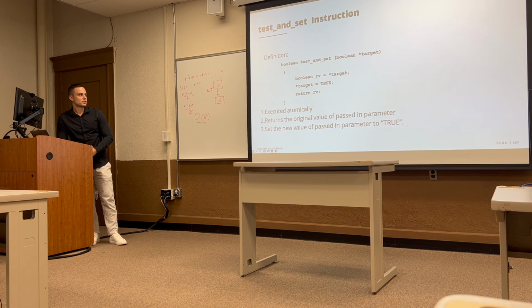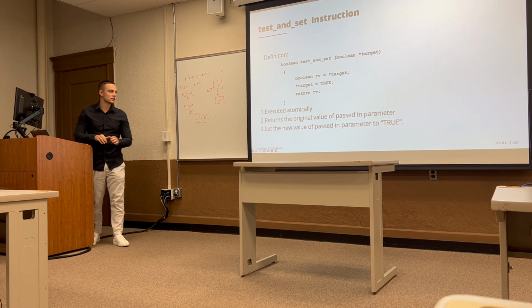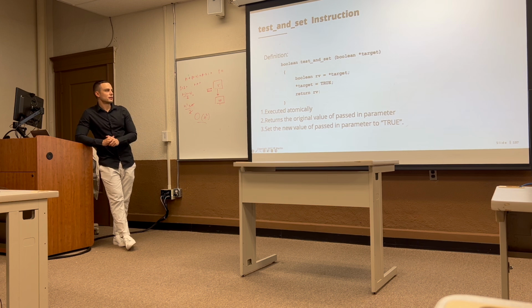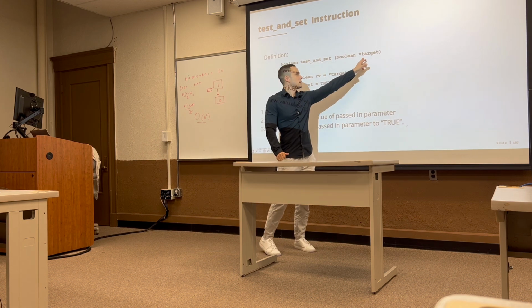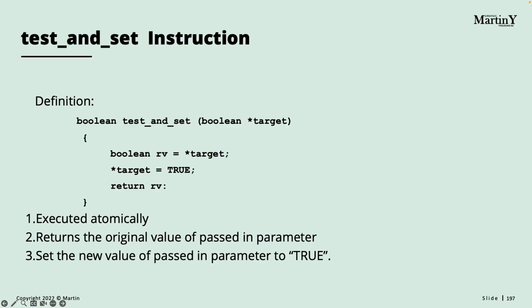So the test and set instruction works in the following way. The idea is that this target here is the resource that we want to lock. So we want to lock it, and we want to check or test if it is locked.